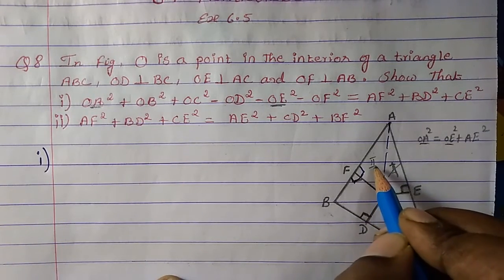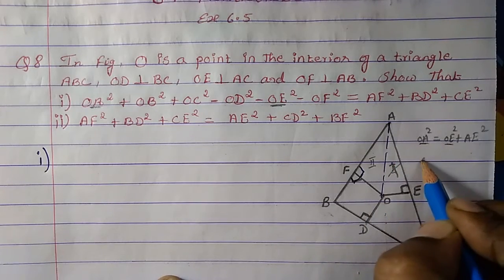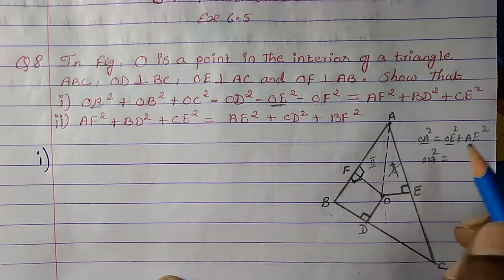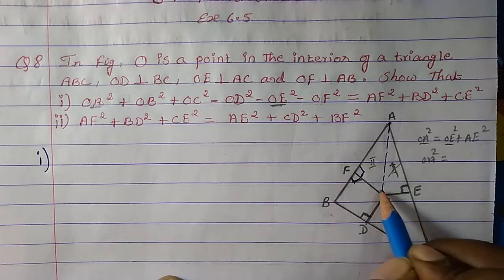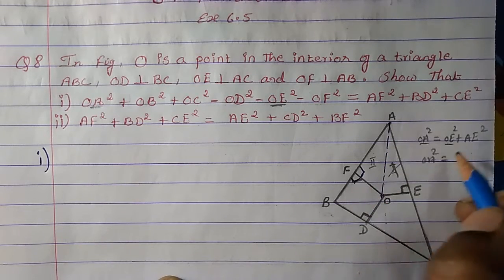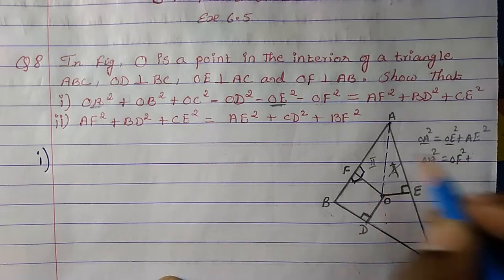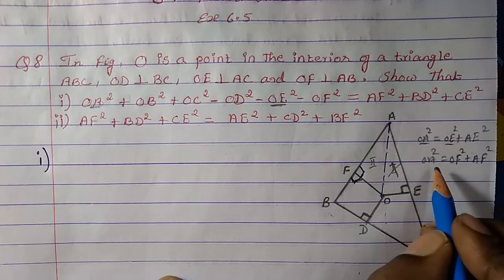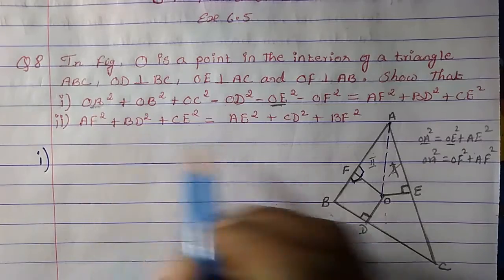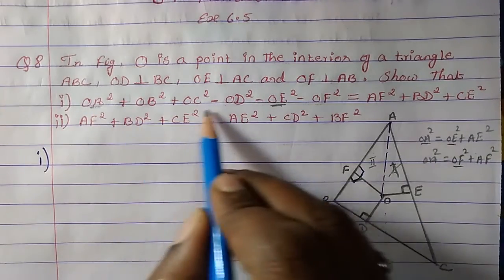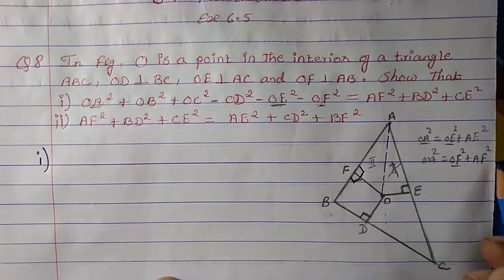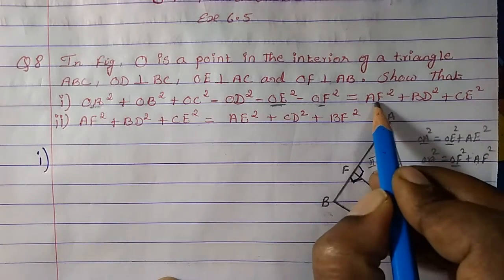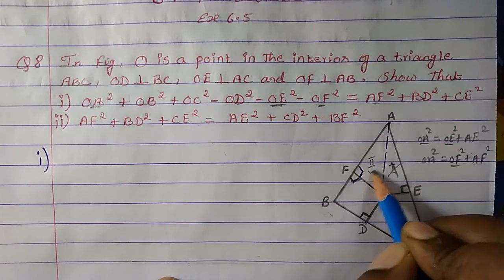Here this is perpendicular, so OA square is equal to OF square plus AF square. So you just check whether it is there or not. OA square is there? Yes. OF square is there? OF is here. Then AF is there? AF is here. So we will take this triangle.